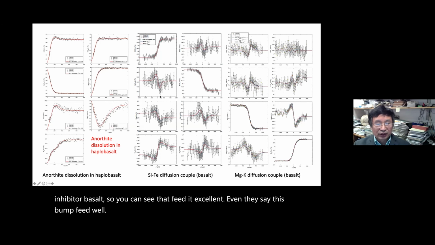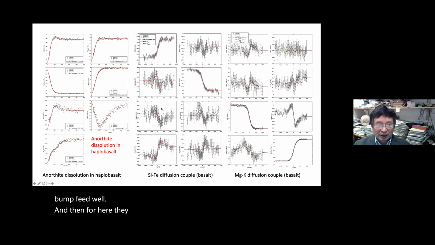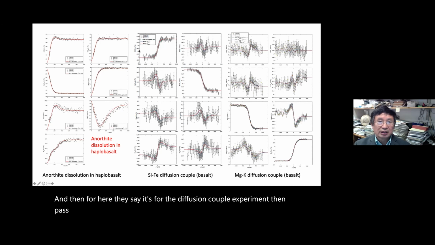For this one, the diffusion couple experiment in the basalt, it's a SiO2 and FeO diffusion couple. The major concentration gradients are in these 2 components.